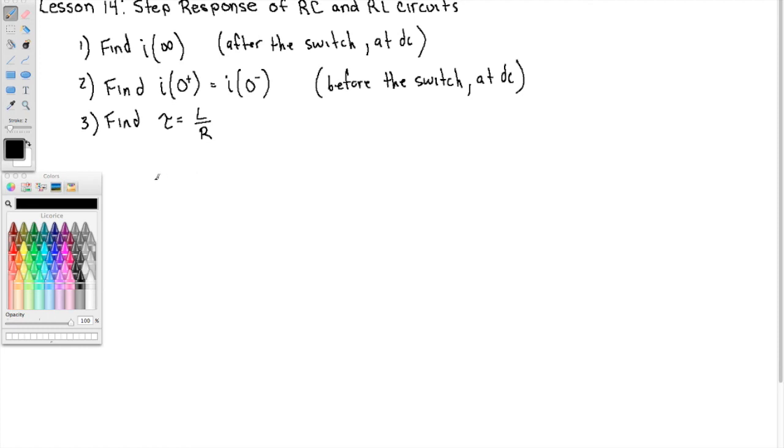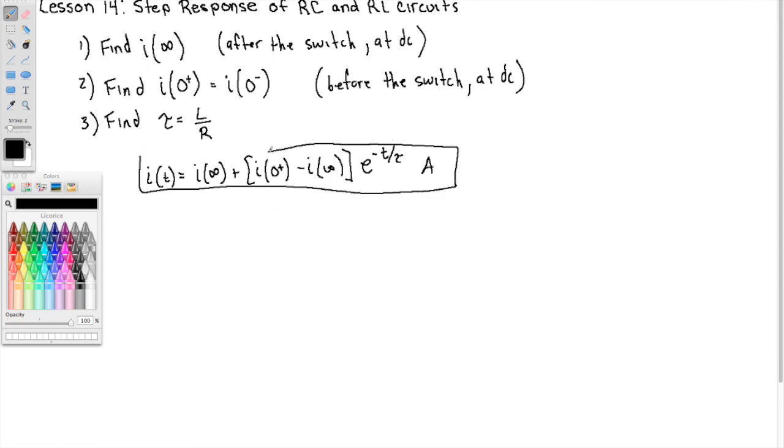And then the equation that we need here is the current through the inductor, I of t, is I at infinity plus I at 0 minus I at infinity, times e to the negative t over tau amps. So this is very similar to what we just did with the capacitor. So let's now look at one example.